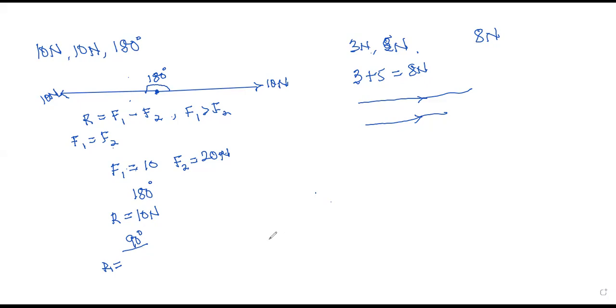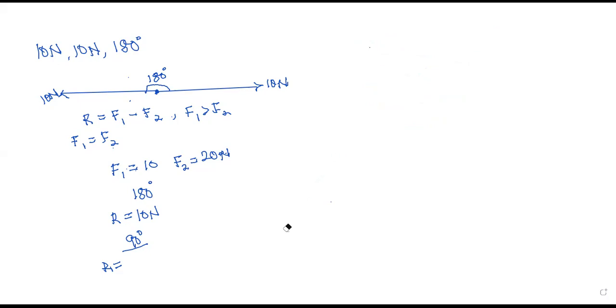If you're also ready with the answer, you can share it with me. If theta is 90, what will be the resultant? Anita, if you are ready, share with me.